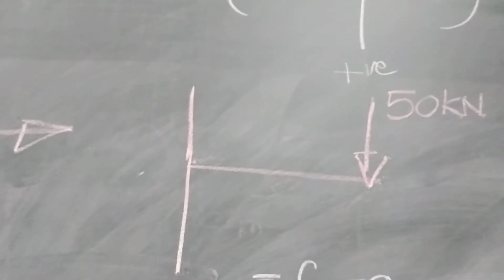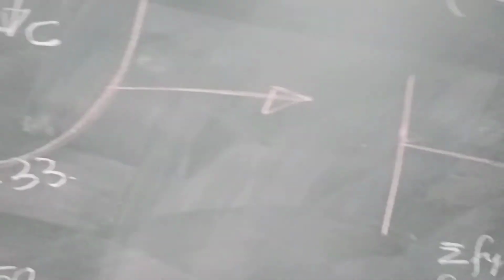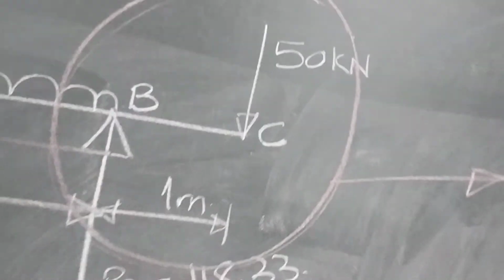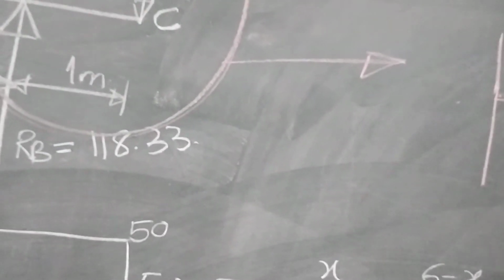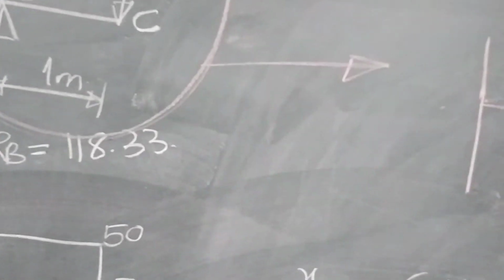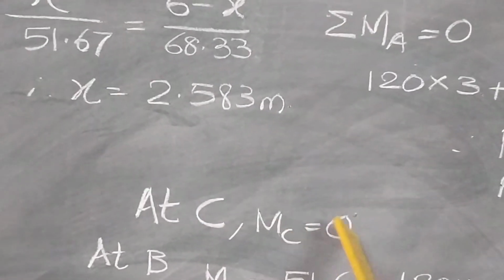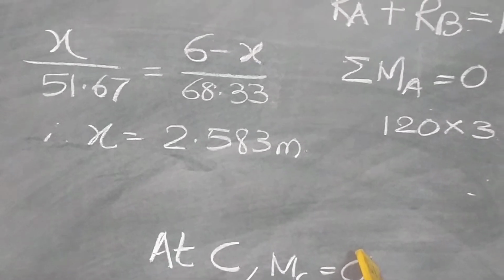What does this mean? This means at this point C, there is a zero bending moment. So that is why we have focused on this point. It gives us a simple assumption that at point C, the bending moment is 0.